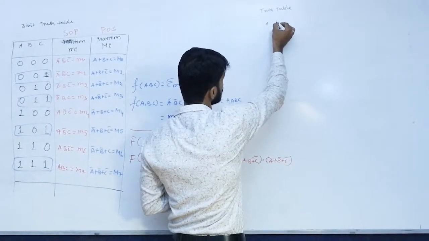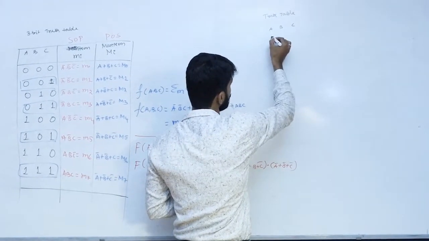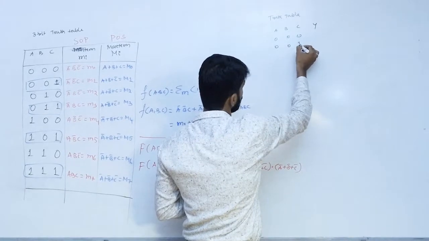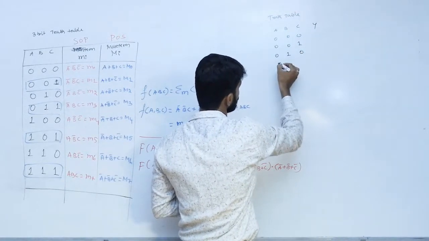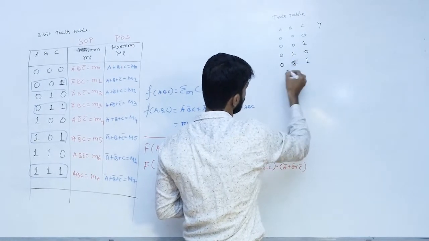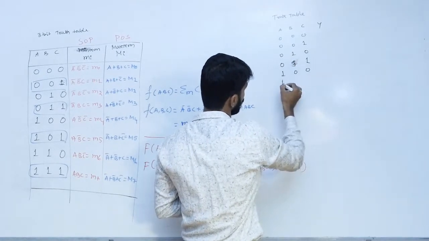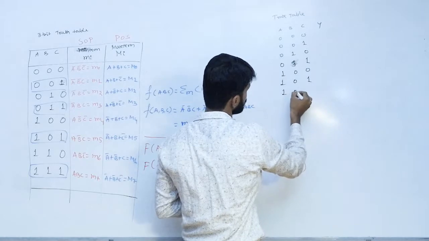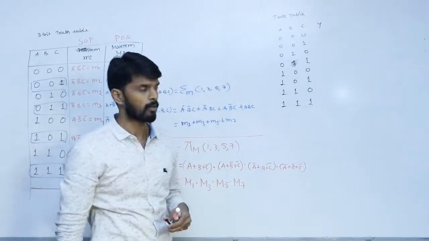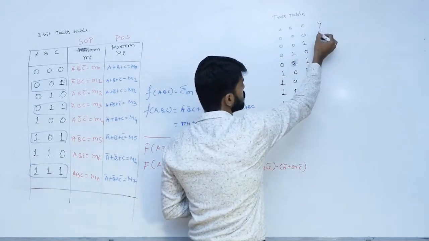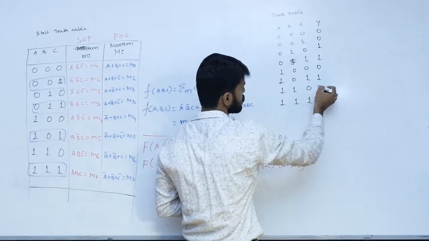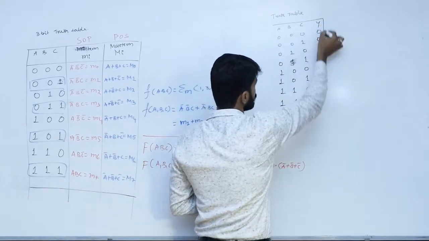For example, I will take the 3 variable truth table: 0, 0, 0, and the output is 0; 0, 0, 1, output 0; 0, 1, 0, output 1; 0, 1, 1, output 1; 1, 0, 0, output 0; 1, 0, 1, output 1; 1, 1, 0, output 0; 1, 1, 1, output 1. This is the truth table.